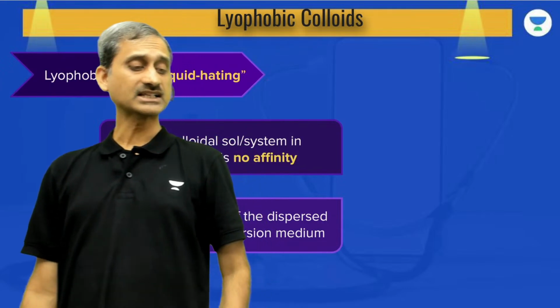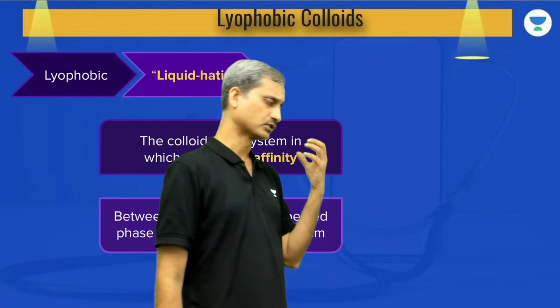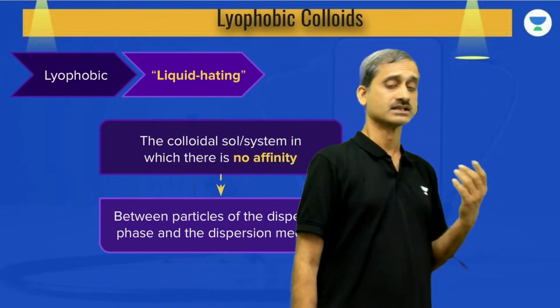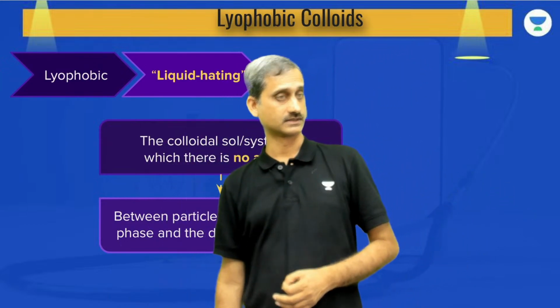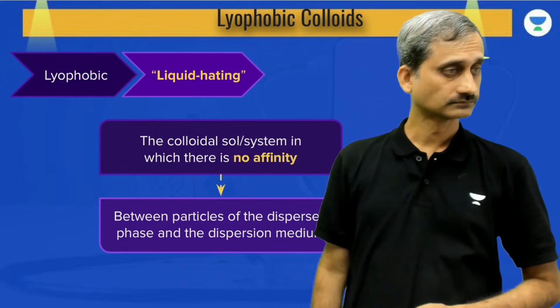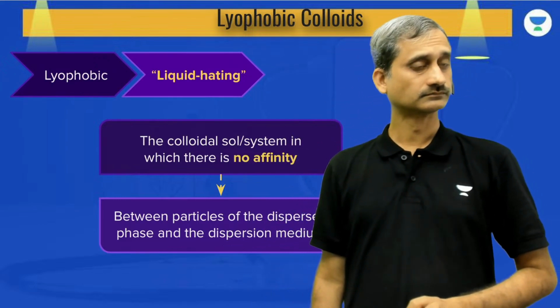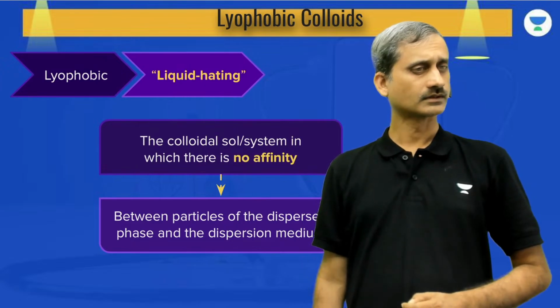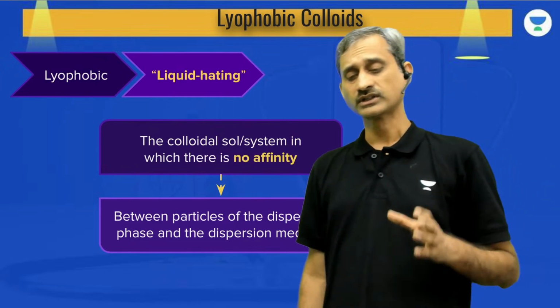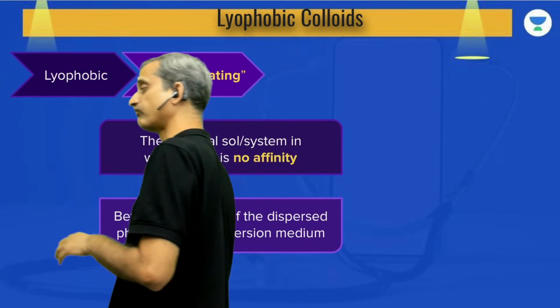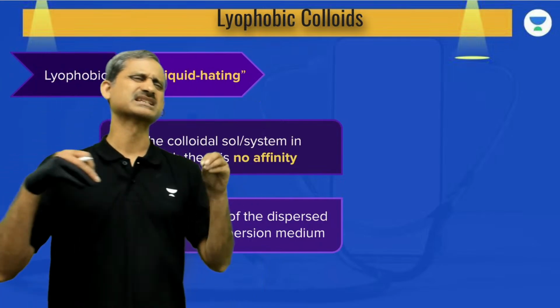Okay, so that's going to be difficult to form. And to form the lyophobic colloids, we have certain very specific methods. They are not formed by just mixing the things.